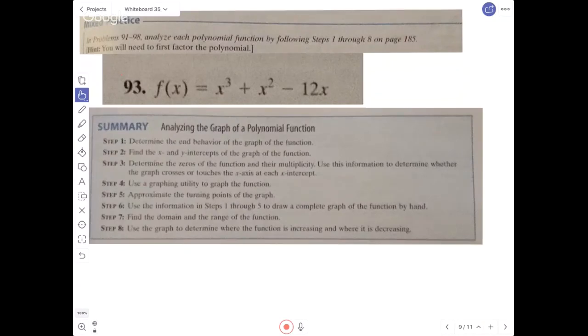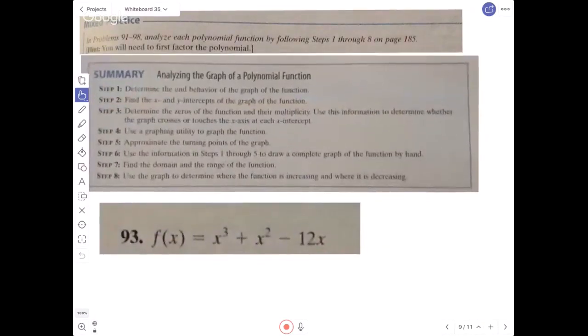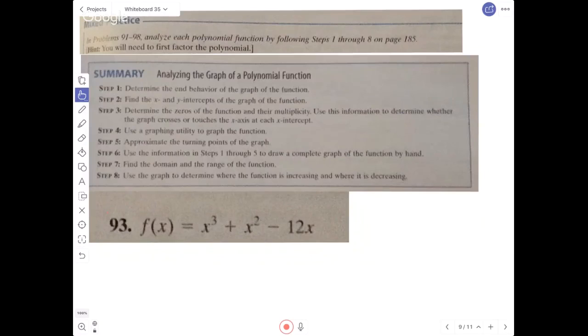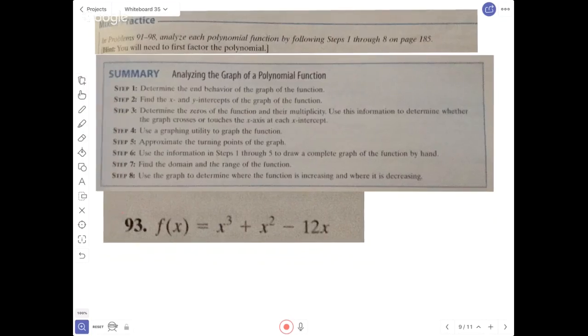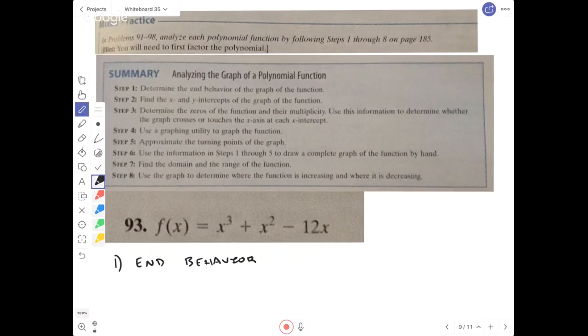Okay, so that's looking good. Great. So step 1, end behavior. To analyze the end behavior, I want to look.